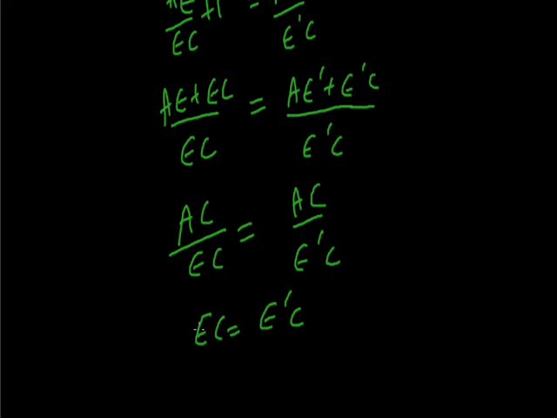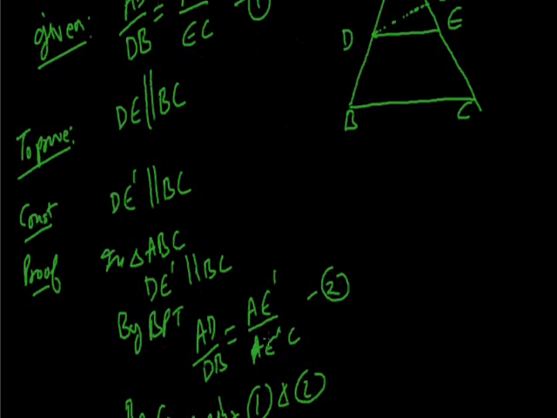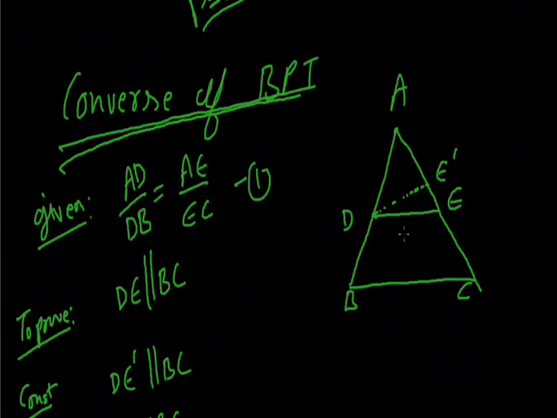Now E dash C can be written as E dash E plus EC. Now EC and EC get cancelled. We get E dash E equals 0. That is, the distance between the two points E dash and E is 0. It is possible only when E dash and E coincide.